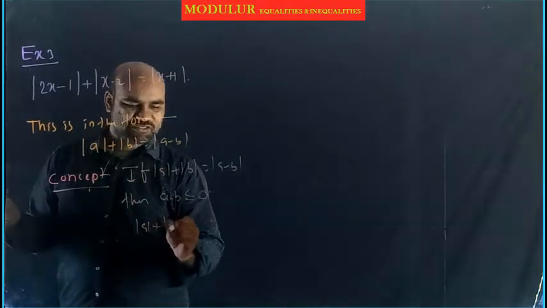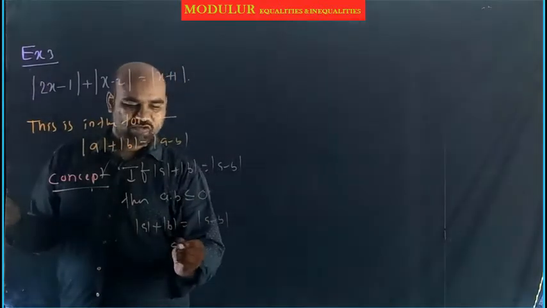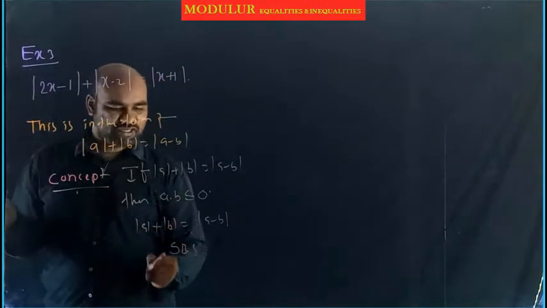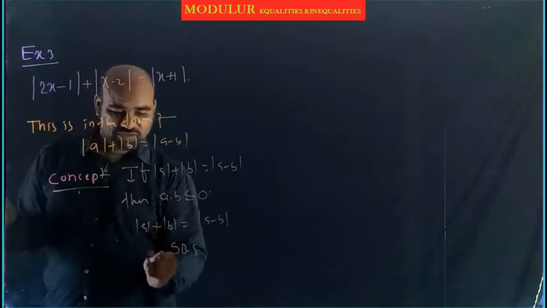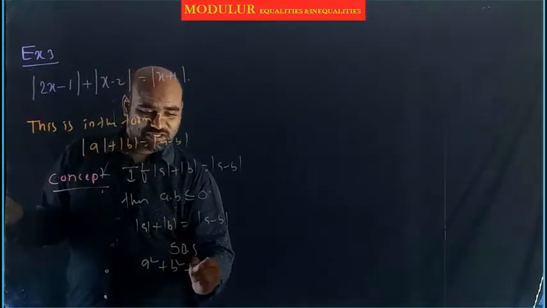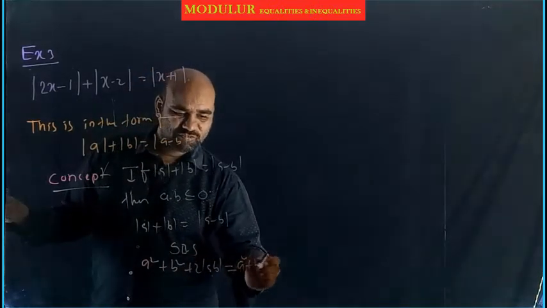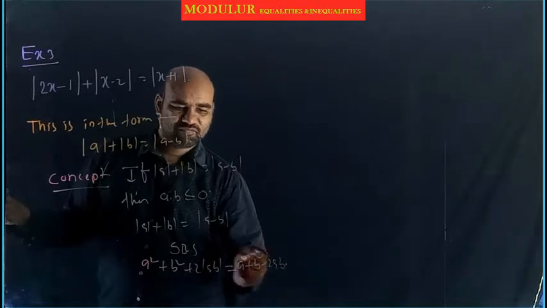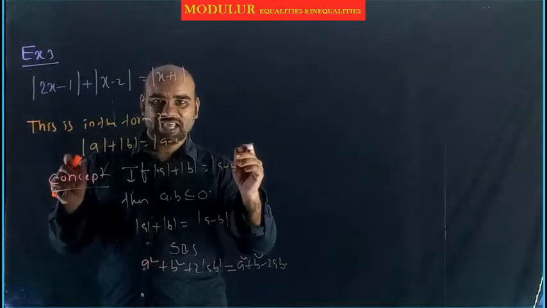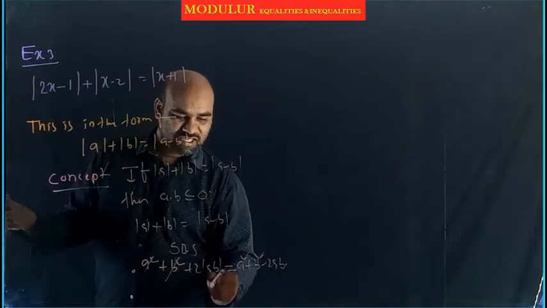Mod a plus mod b equal to mod of a minus b, squaring. Nothing happens to the equality. Directly I go a step: a square plus b square plus 2 mod ab equal to a square plus b square minus 2ab. Understood? Mod x whole square means x square only. This gets cancelled.